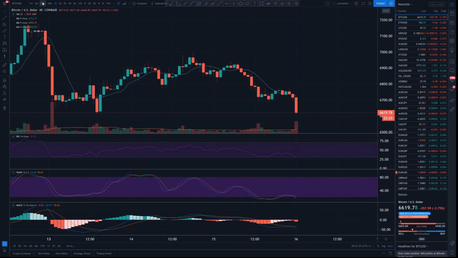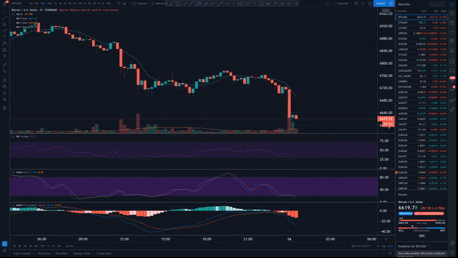If we go back to the 15-minute candle, we have 7 minutes left. That means that this candle was opened 7 minutes and 44 seconds ago, I apologize.